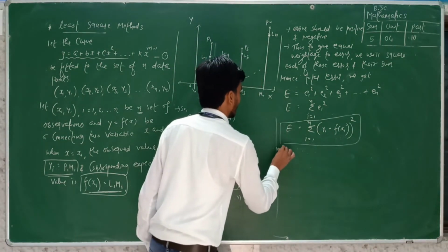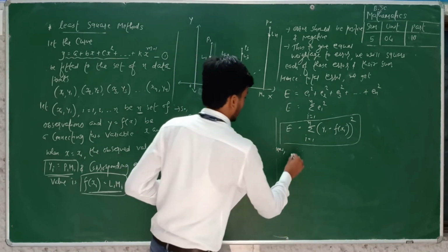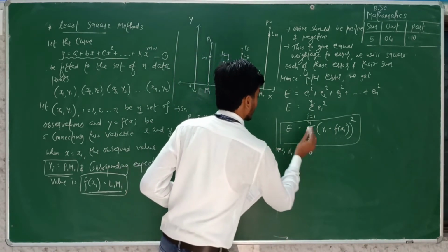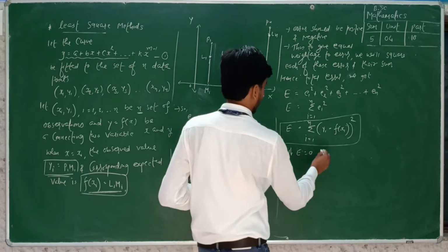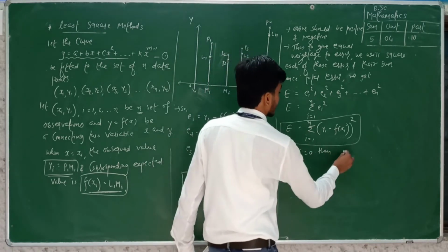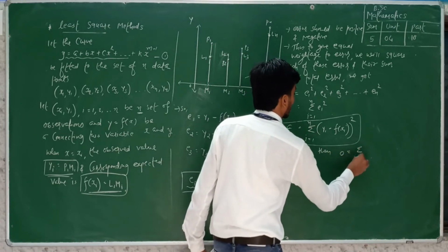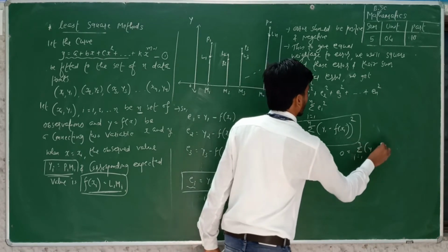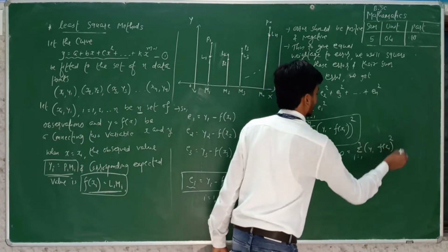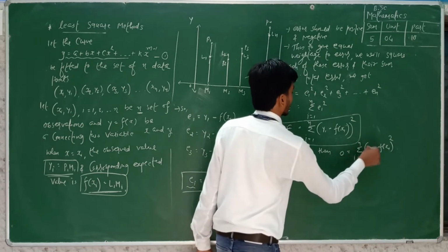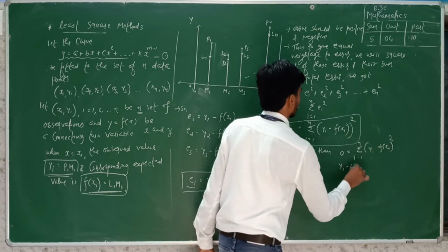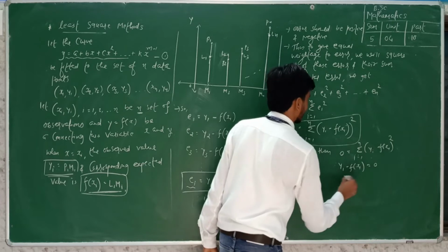Now if E is equal to 0, then 0 is equal to sigma i is equal to 1 to n of yi minus f of xi, whole square. Removing the square, yi minus f of xi is equal to 0.